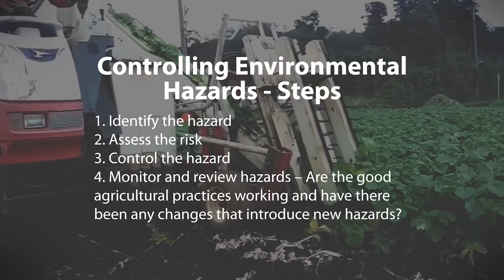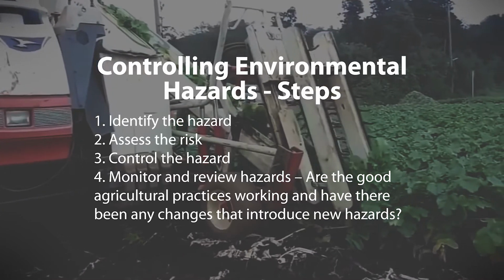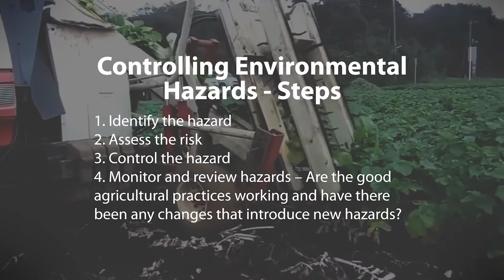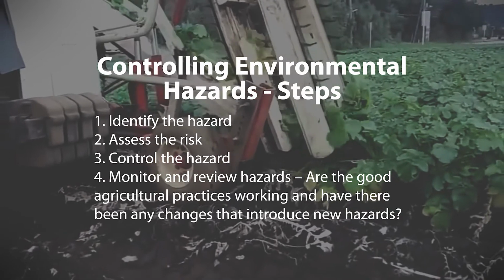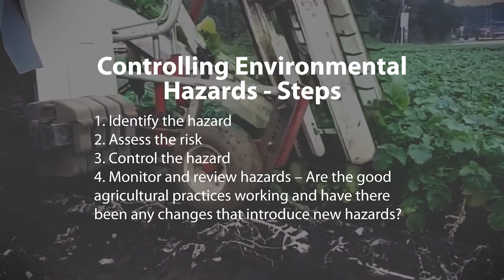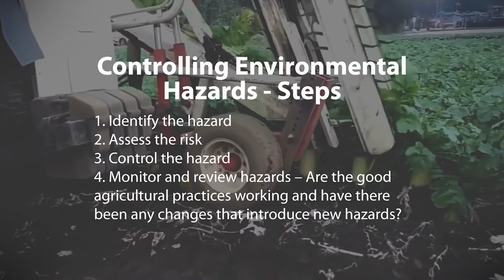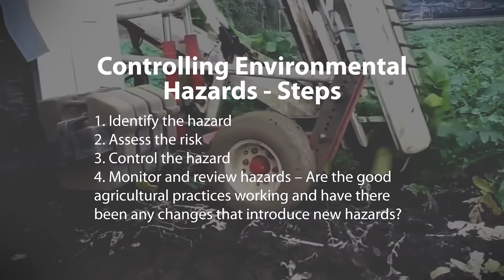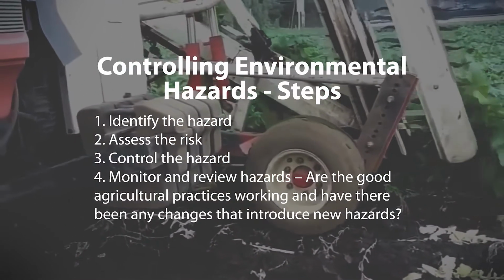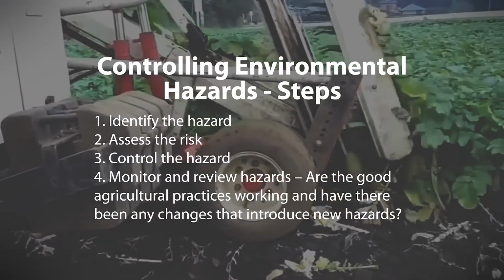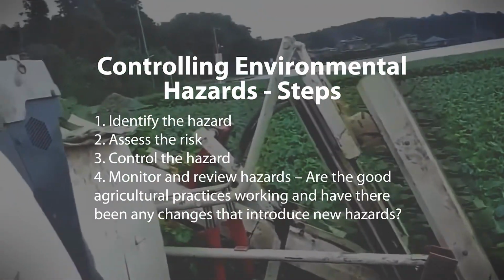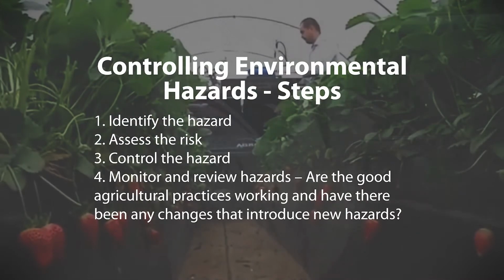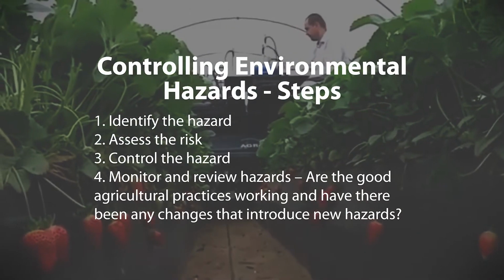To control the hazard, you ask, what good agricultural practices are required to prevent or minimize the risk of significant hazards? Lastly, when monitoring and reviewing hazards, you ask, are the good agricultural practices working, and have there been any changes that introduce new hazards?